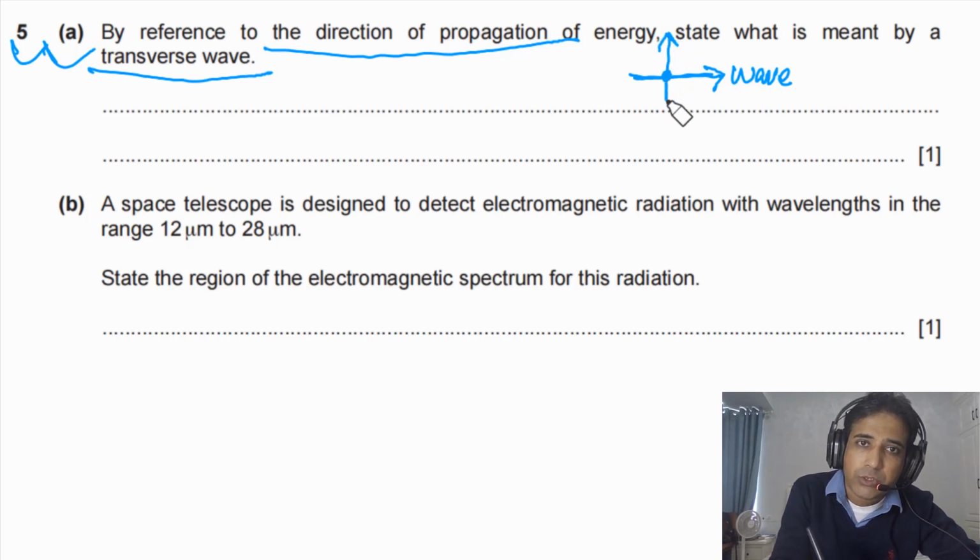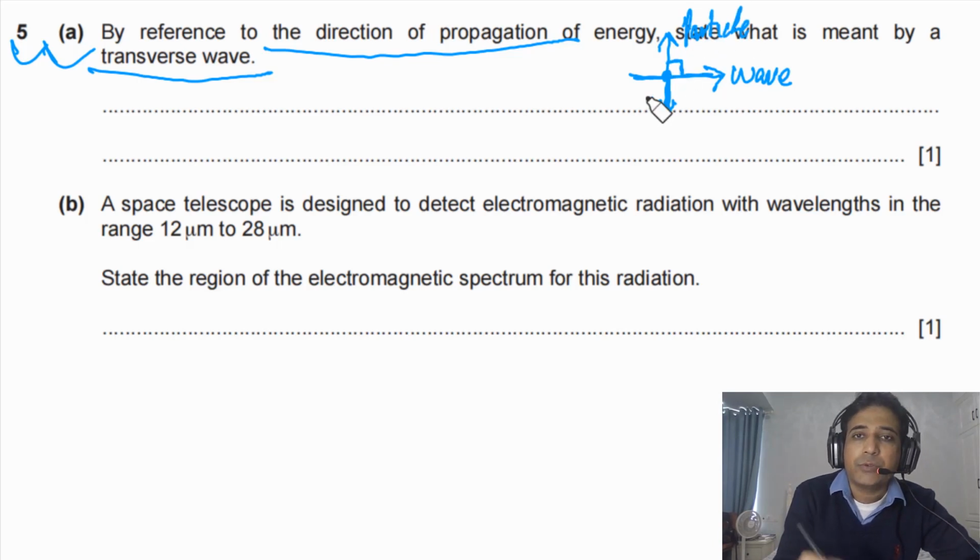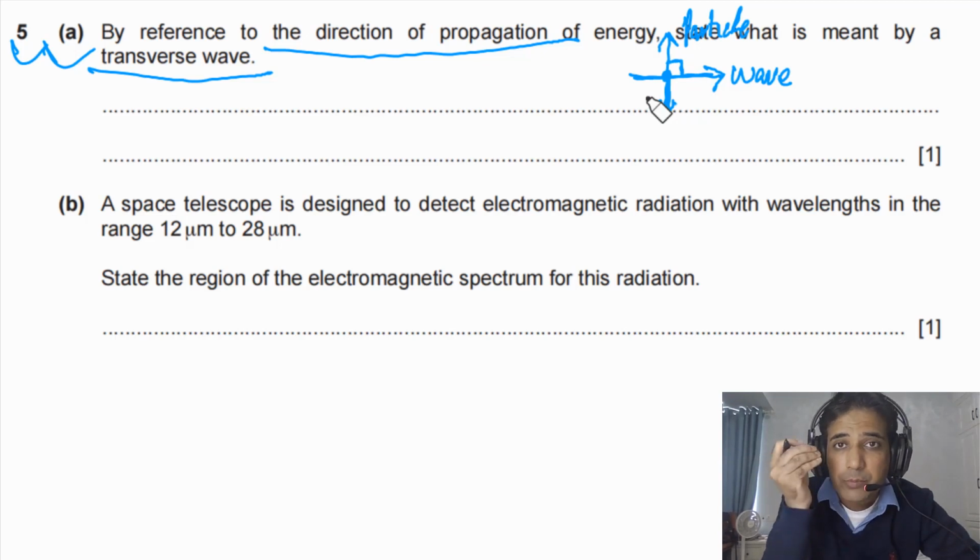So this is the direction of vibrations of the medium particle. The angle between these two is 90 degrees. So simply we can say the direction of vibration of medium particles is perpendicular to the direction of propagation of the wave or direction of propagation of energy.